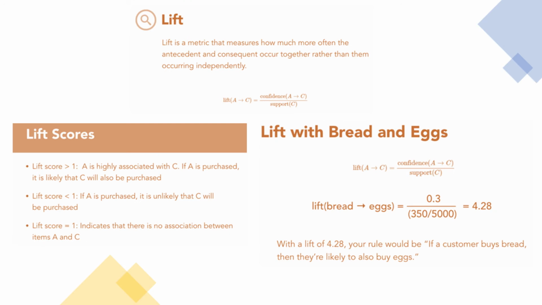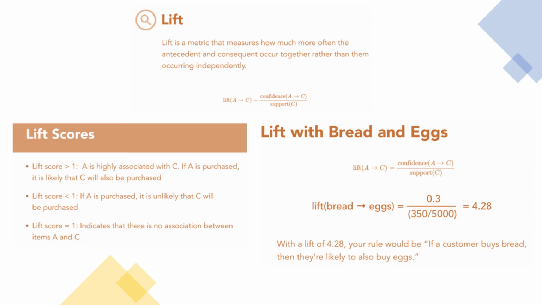Now lift is a metric that measures how much more often the antecedent and consequent occur together rather than occurring independently. I'll show you how to work this equation in just a second. Let me explain lift scores real quick. If you get a lift score greater than 1, it means that A is highly associated with C. In other words, if A is purchased, it's likely that C will also be purchased.